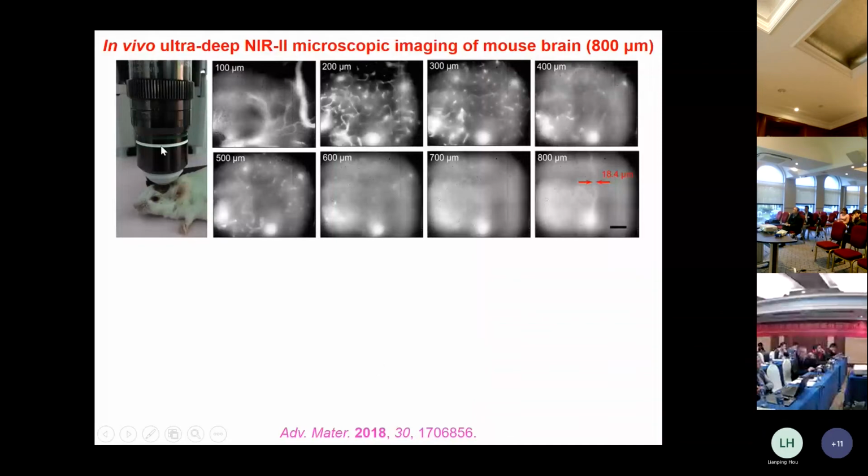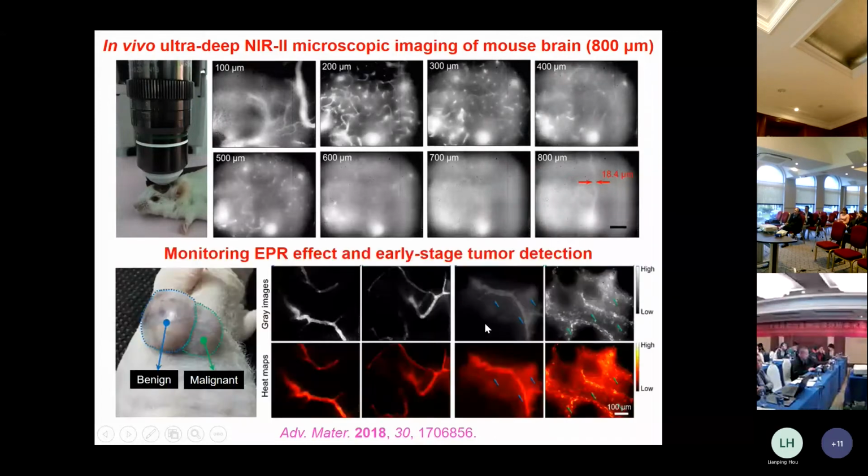Now you can see this is the mouse brain. We can go to 800 microns, and at this kind of depth, you can still see these fine structures. And we can also differentiate benign tumor from malignant tumor. So what is the difference? The malignant tumor has a lot of nanopores.